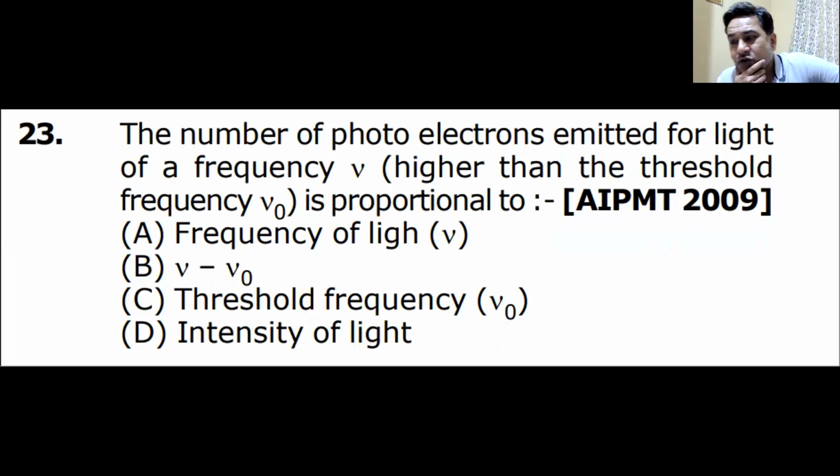The number of photoelectrons emitted for a light of frequency v, which is higher than the threshold frequency v naught, is proportional to: AIPMT 2009. What is the answer, sir? Intensity of light. It depends on what, beta? Intensity of light. Do we understand this?